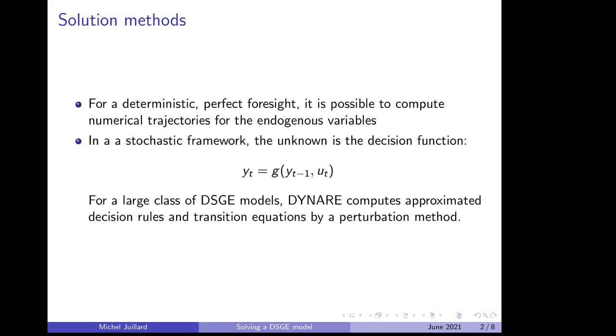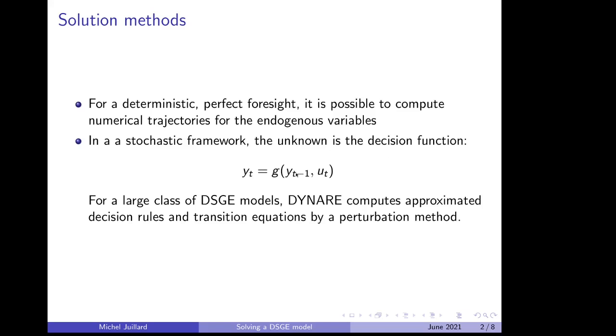Because we don't know all the future shocks, we only know the distribution in the stochastic case, it's not possible to proceed in this manner. In a stochastic framework, we need a detour, if you want, and we are going to focus on the decision function.